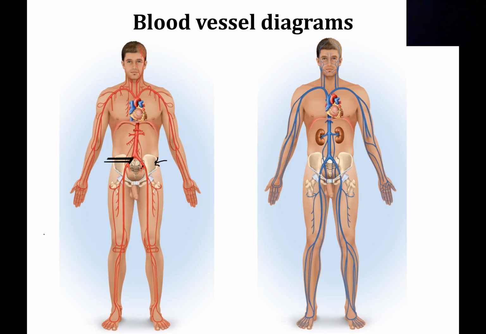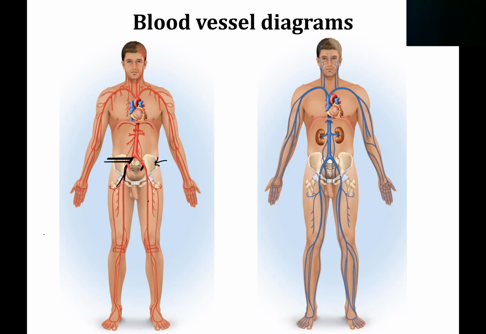The little one going towards the pelvic area is the internal iliac artery, and the one headed towards your lower limb is the external iliac artery. And that's going to continue until this branching.